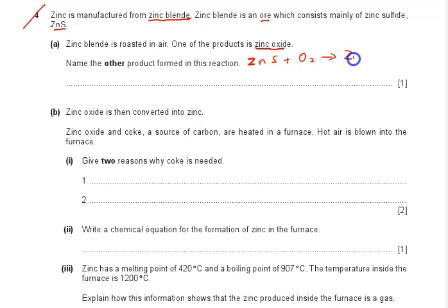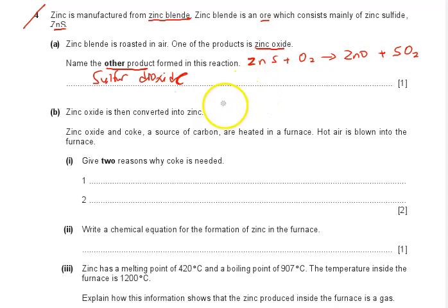So we have here zinc oxide plus sulfur dioxide. Okay, sulfur dioxide. So this is the equation here. And name the other product formed. So we just put there sulfur dioxide as the answer.